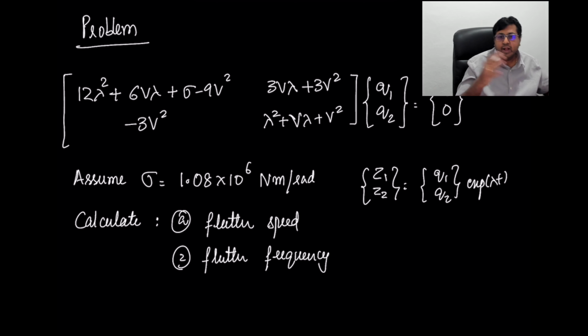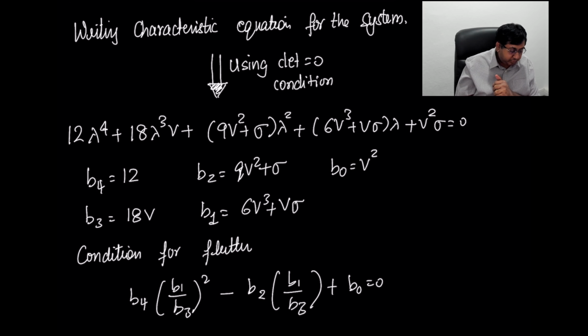We have already done this. We have substituted it into the equation of motion for the system, and we have a matrix equation, and we want to determine as usual the critical flutter speed and the flutter frequency. I will not go into all the derivations. I will leave it to you, but I will give you some of the final solutions here.